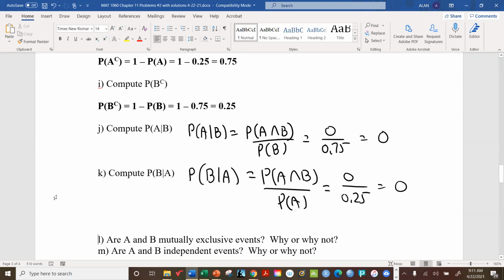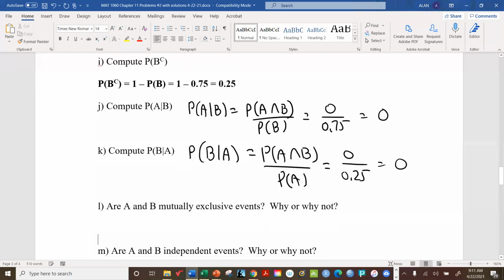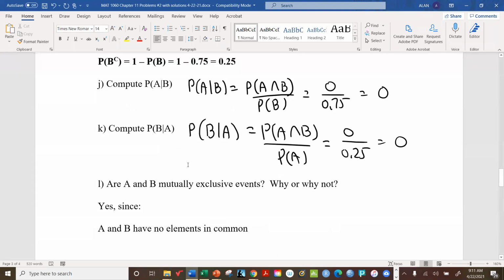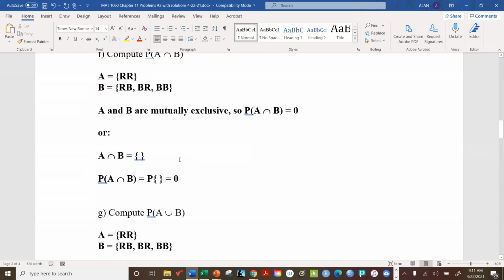Now, are they mutually exclusive events? Yes. And again, there's multiple ways of explaining this. Number one, in English terms, yes, because A and B have no elements in common. That's one possible explanation. That would be enough, by the way. You don't need all of these, just one, but I want you to see all the possibilities. The next thing you can note is that their intersection is empty, which we noted up here somewhere.